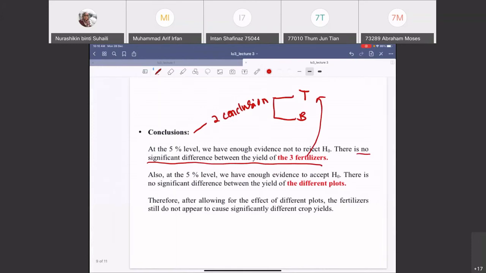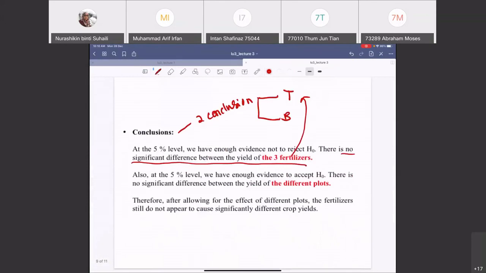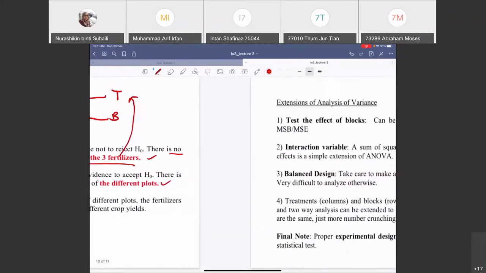So now for the blocks, you are comparing the plots. So it means that there is no difference between the yield of the plots. Okay, so those are the things that you have to conclude. So two conclusions for ANOVA with blocking.